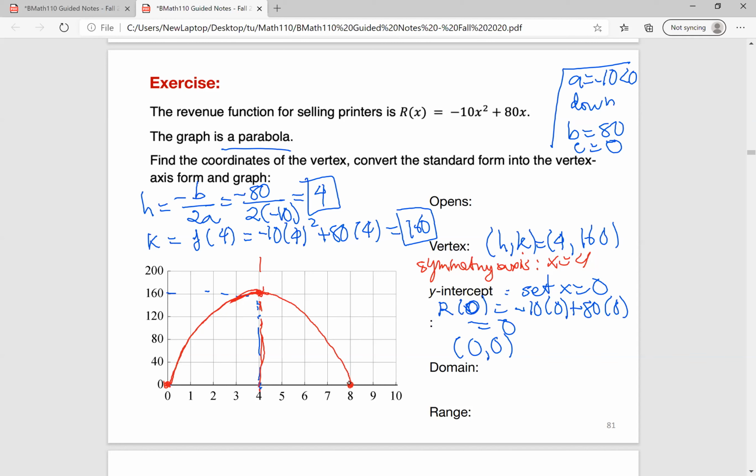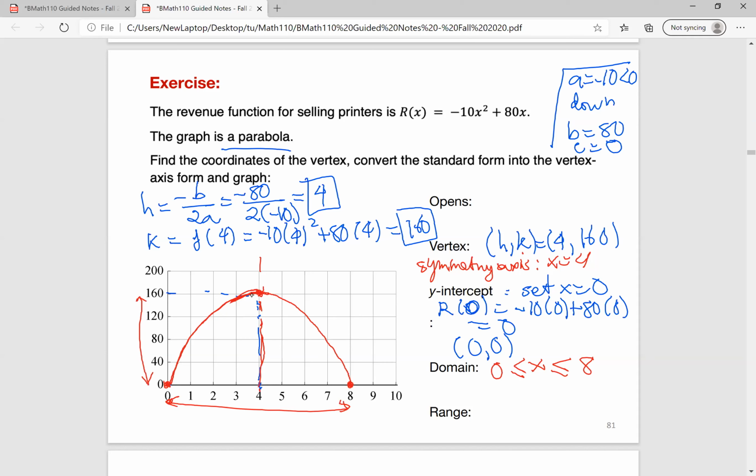And the domain in here should be from 0 to 8, because you can see that the value of x should be just from 0 to 8. So I have x is from 0 to 8, including. Right? And the range is, you can see that it just goes from 0 and up to 160, right?